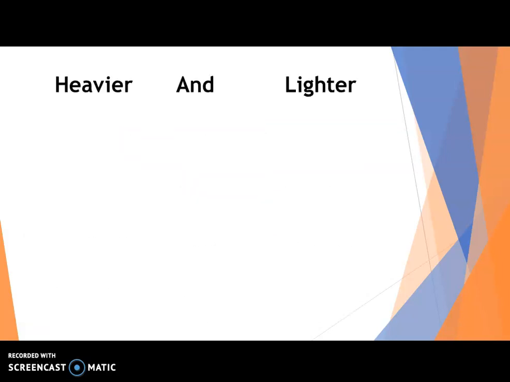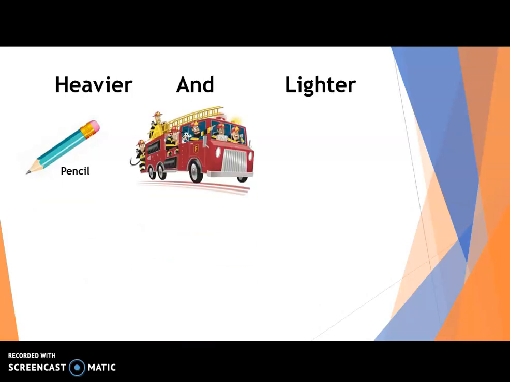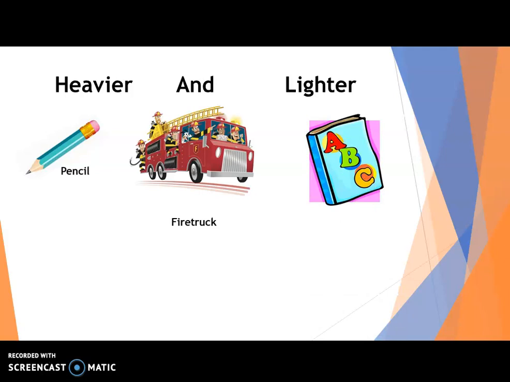And how about heavier and lighter? Let us find out. What is this? It's a pencil. And what is this? Oh, it's your favorite, a fire truck. And it's a book. Now let us compare the three pictures using the words heavier and lighter. Can we have a guess?